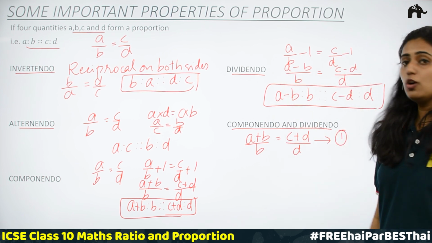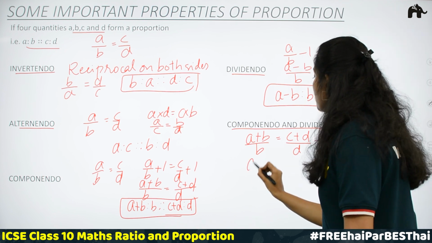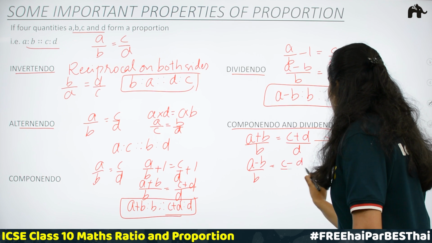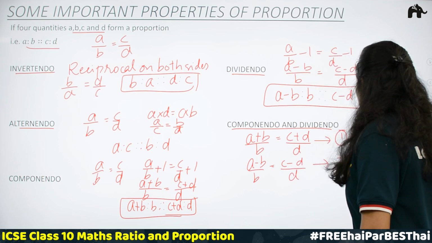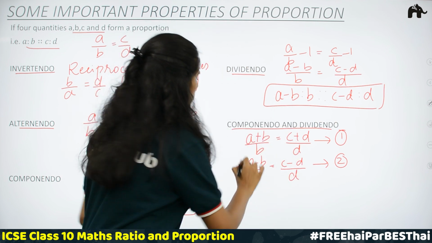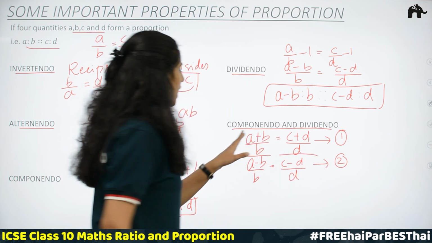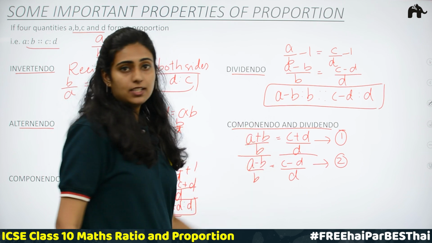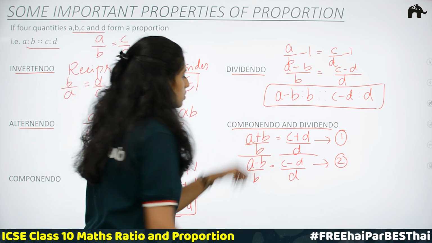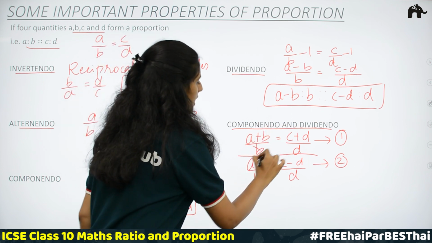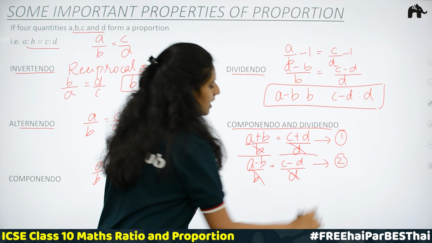From dividendo property, I can write A minus B by B is equal to C minus D by D. This is equation 2. Now, on dividing 1 and 2, what do I get? A plus B by B divided by A minus B by B, and C plus D by D divided by C minus D by D. When you take the reciprocal and multiply, this B goes to the numerator. This B and this B can be cancelled, right? B and B cancelled. Here, D and D cancel.